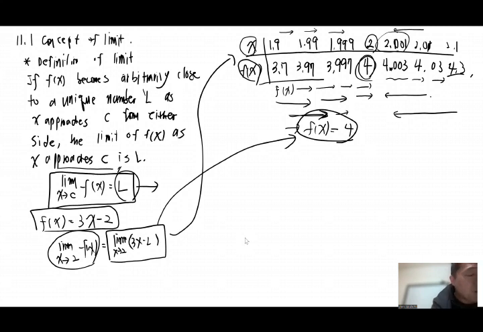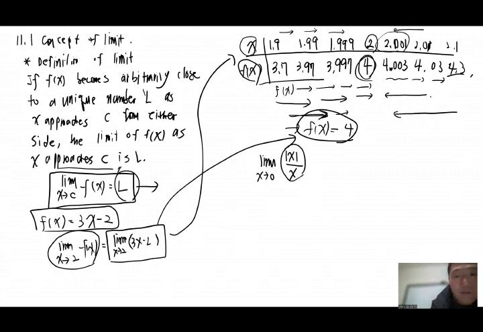There are some cases where the limit doesn't work. So we're going to take a look at a case where the limit fails to exist. For example, let's take a function with absolute value: the limit as x approaches 0 of the absolute value of x over x.